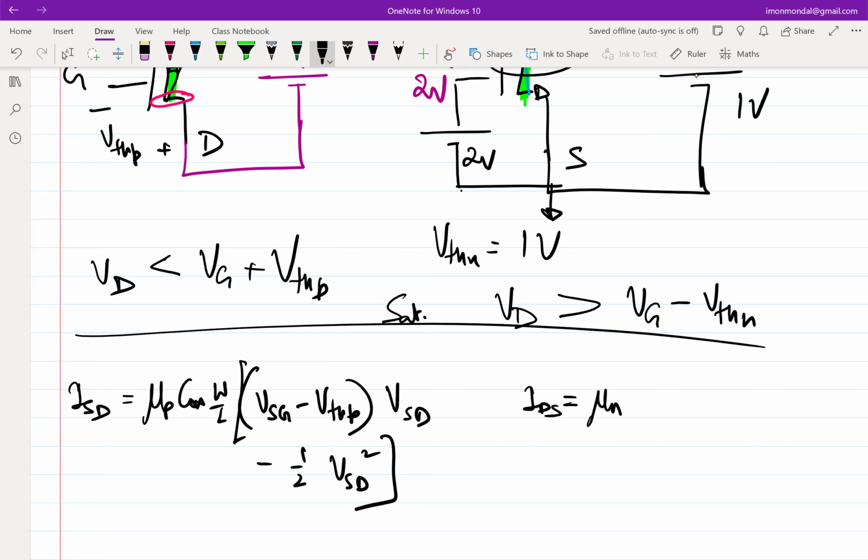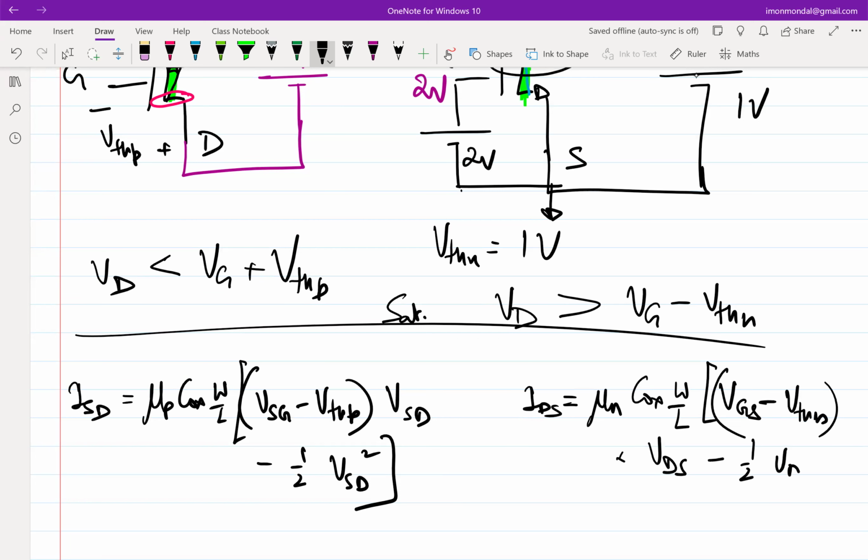This becomes mu N Cox W over L times VGS minus threshold voltage times VDS minus half VDS squared. So equations are easy to remember once you know one. The thing that you'll have to keep in mind is the condition of the saturation and linear region boundary in case of a P MOSFET and an N MOSFET. Any questions?